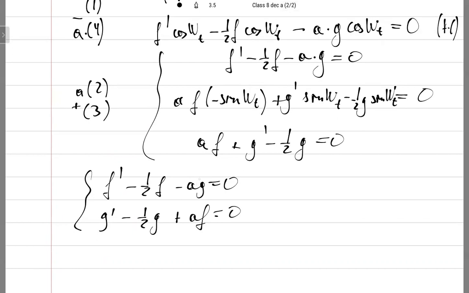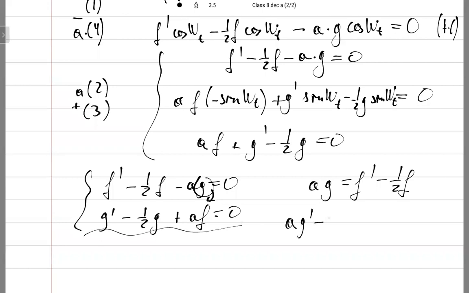Now we can take a and move it into the second equation. So I have aj equals to f prime minus 1 over 2 f. I multiply this equation by a: aj prime minus 1 over 2 aj plus af equals to 0. And I plug in there.